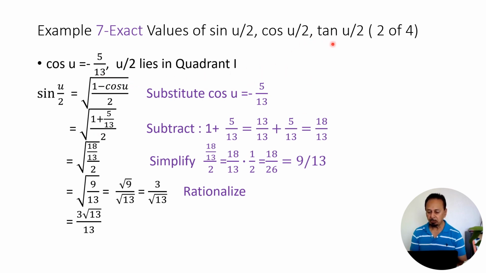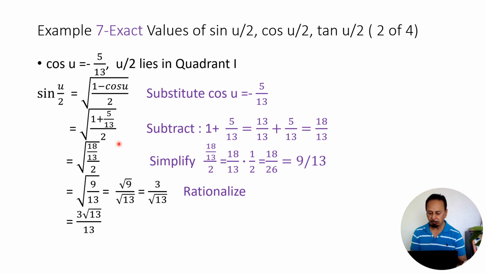Now to find sine u over 2, we use the half angle formula, square root of 1 minus cosine u over 2. Now we substitute cosine u, which is minus 5 over 13. So this becomes square root of 1 minus minus 5 over 13, we got 1 plus 5 over 13, divided by 2. Now we add 1 plus 5 over 13, change 1 to 13 over 13 plus 5 over 13, so it will be 18 over 13.